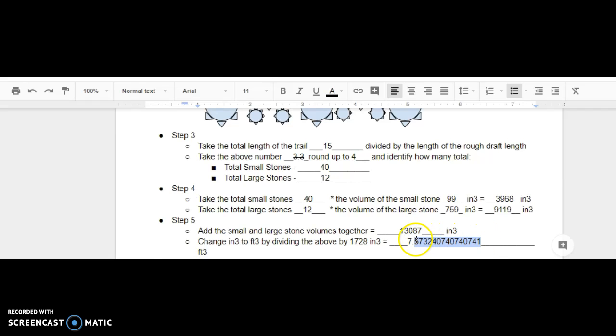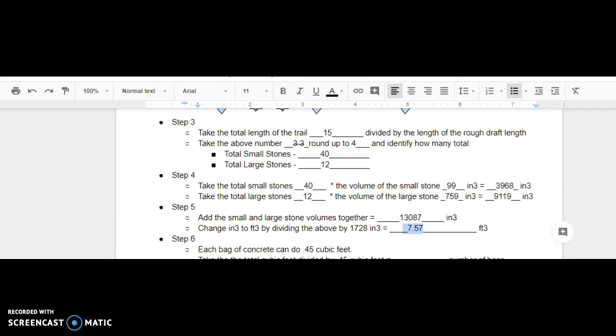Again, we do the same thing as before. I can't go buy 7.57 bags of concrete, so we have to round it up. No, never mind, I'm wrong. So we have 7.5 cubic feet.